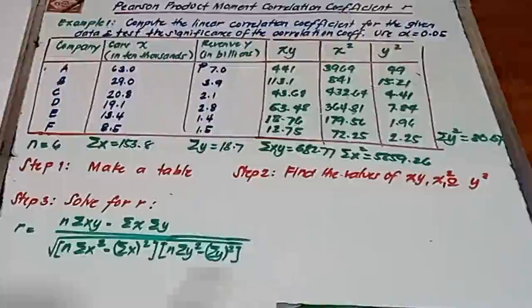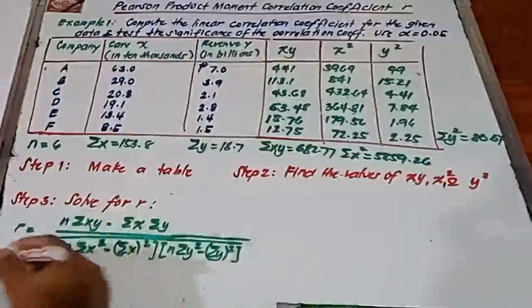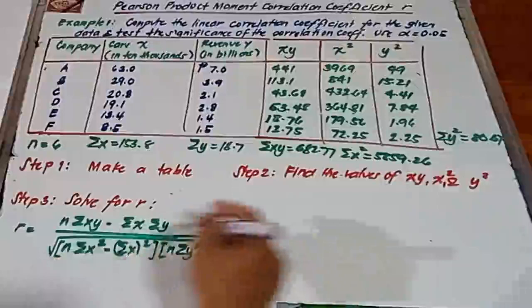And right after that, substitute natin do sa ating formula to solve for the correlation coefficient r.